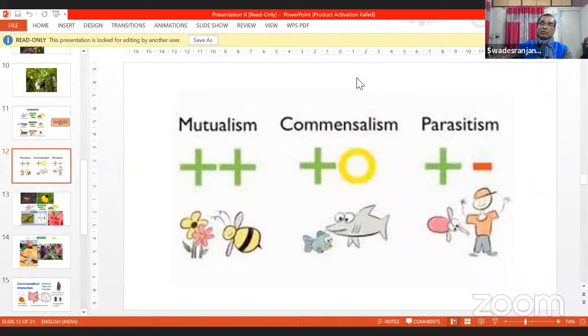But there is a question: some species are becoming extinct. Some plants and some animals are not seen anymore, they are already finished.